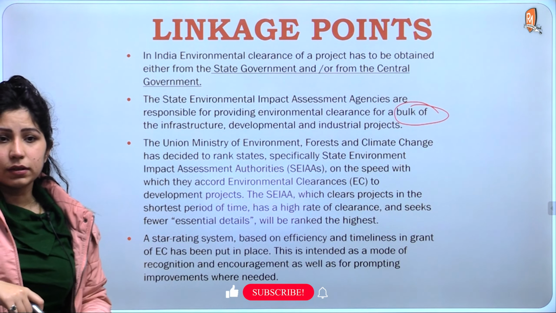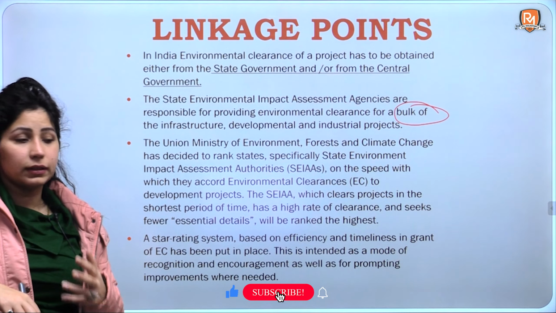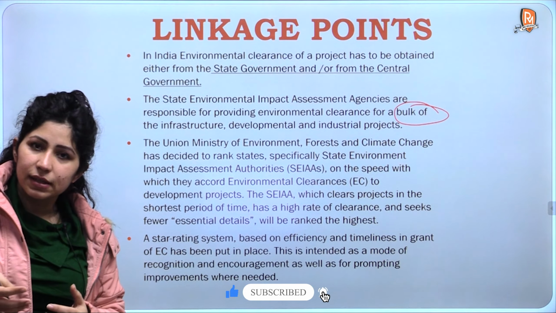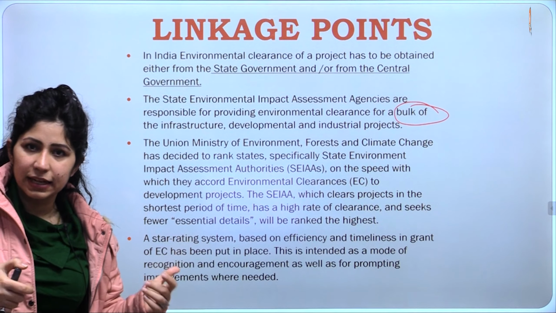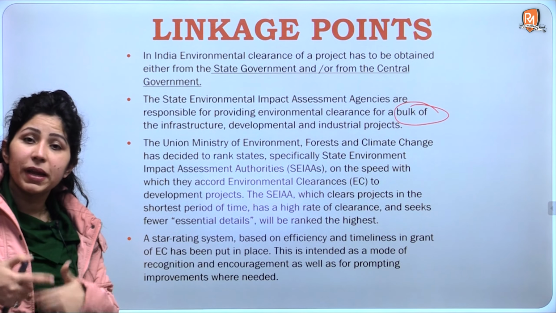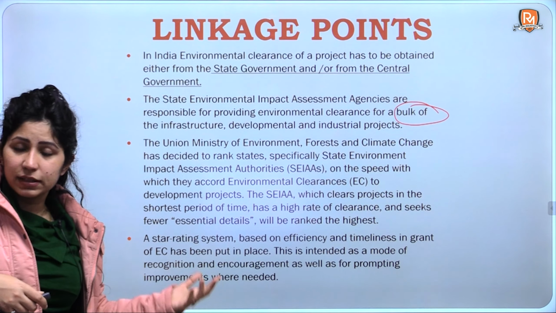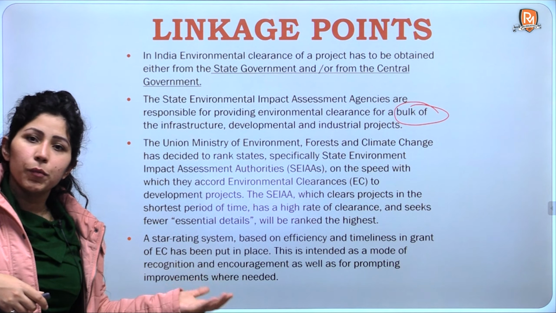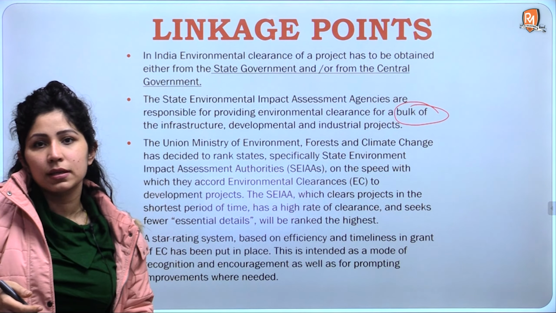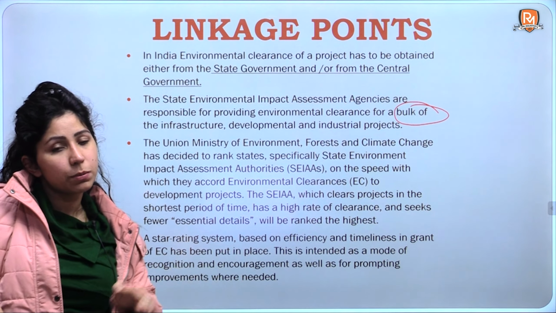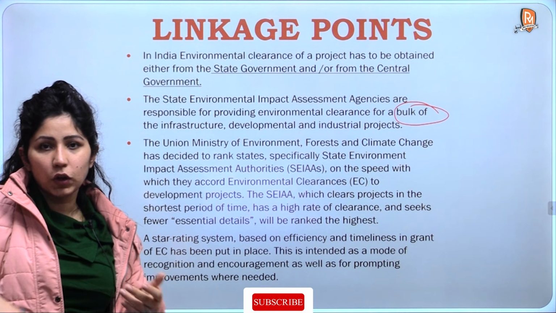So to pace up the time in which environmental clearances are given by state environmental impact agencies, the central government has come up with this idea of star ranking of states. This star ranking will act as a mode of recognition, and it will encourage the state agencies to fasten the process, and there would be a competition between states for this fastening of process.